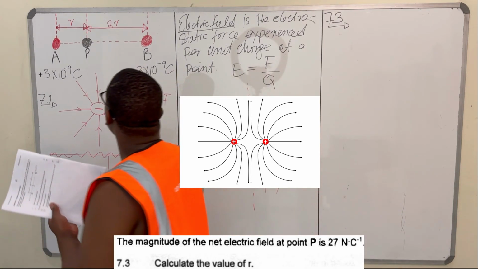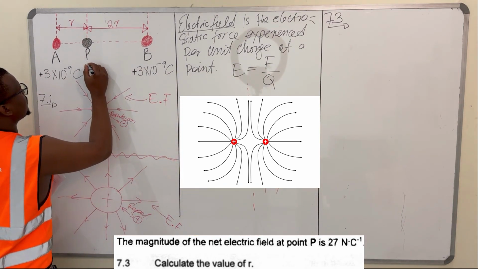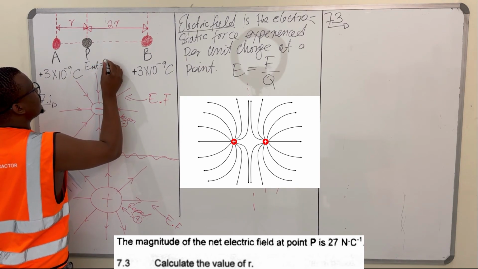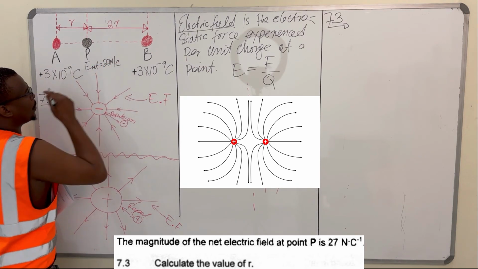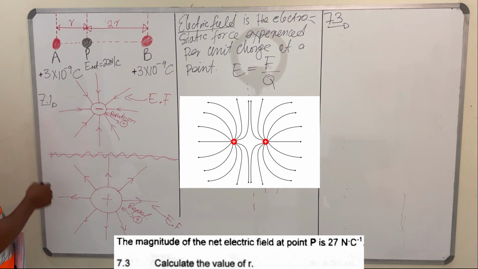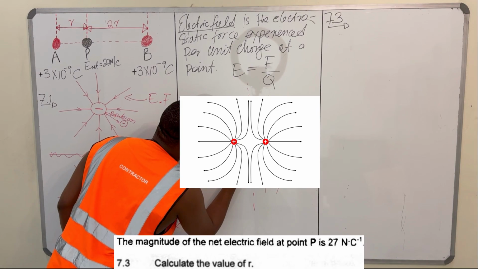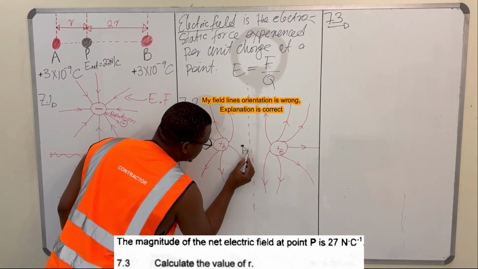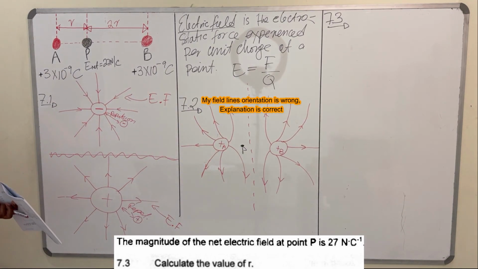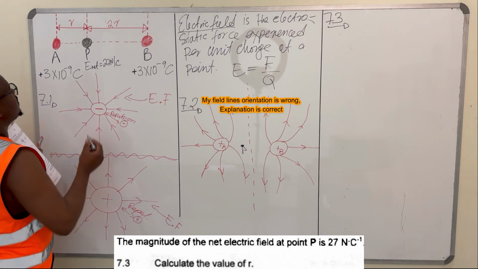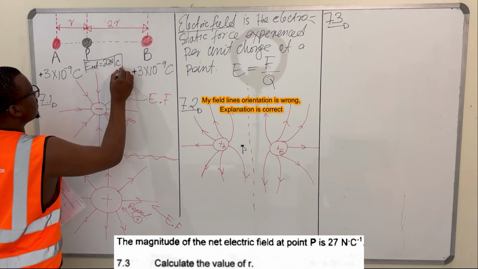So at this point P, let's say P is sitting somewhere there, closer to A than it is to B. No problem.